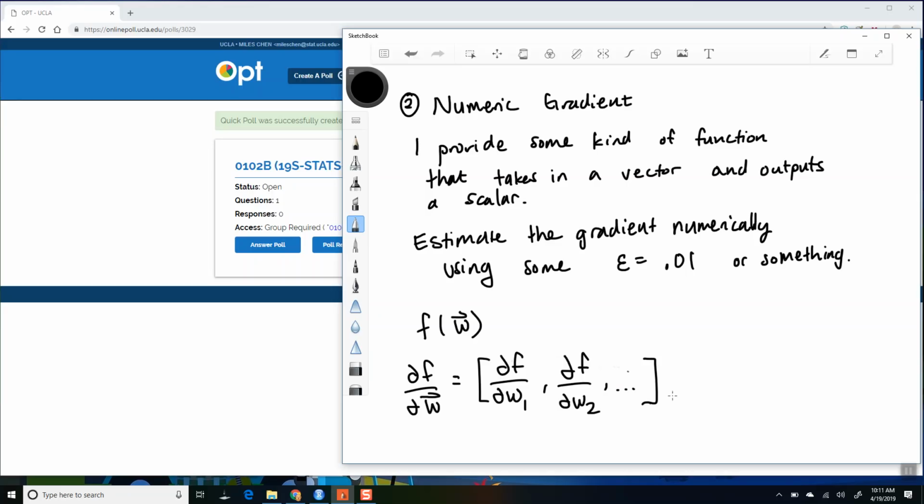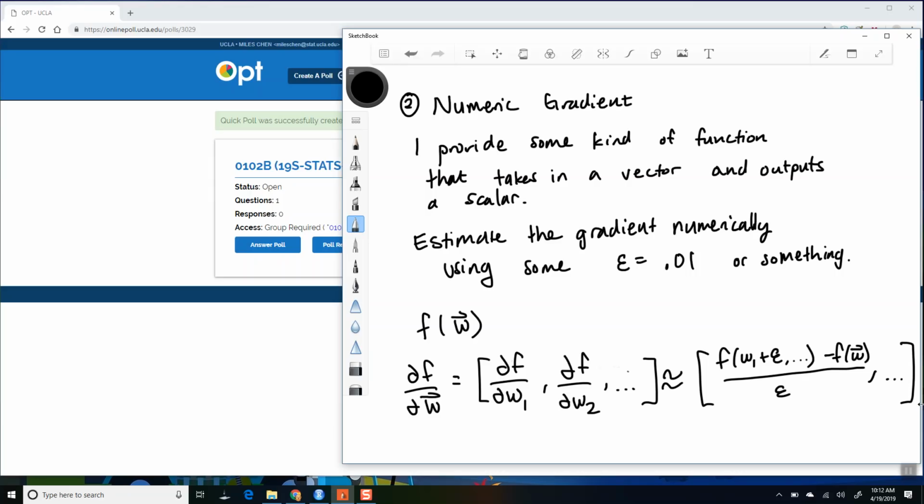However many terms are in w, it can be approximated by doing f of w1 plus epsilon with everything else intact, minus f of w, divided by epsilon, and so on for the rest.